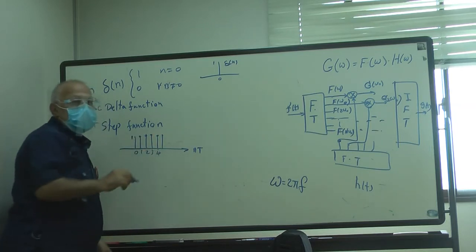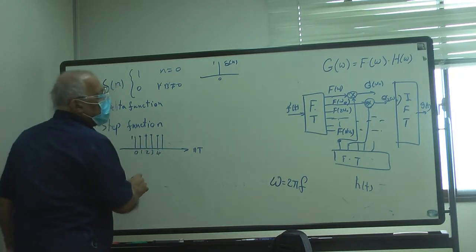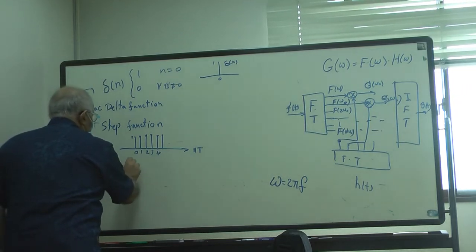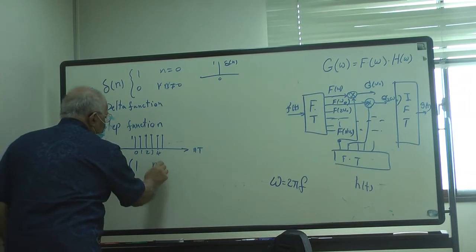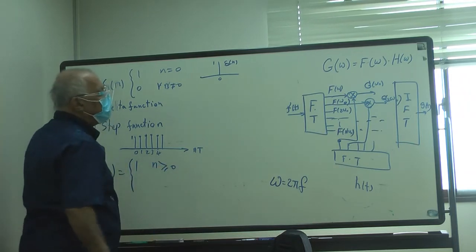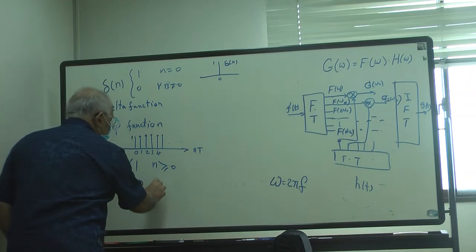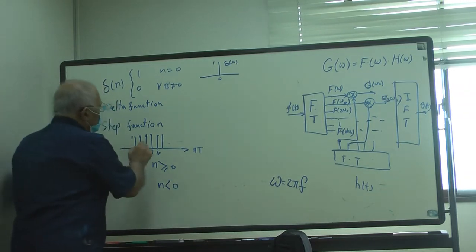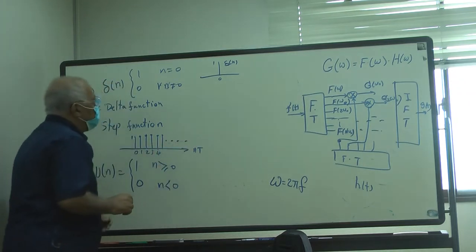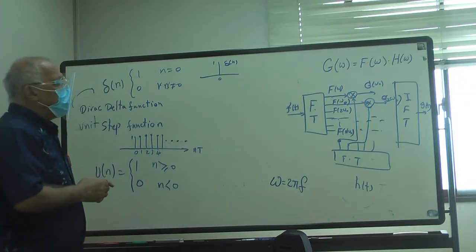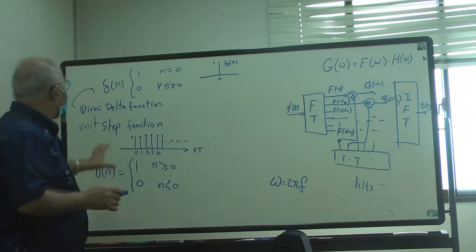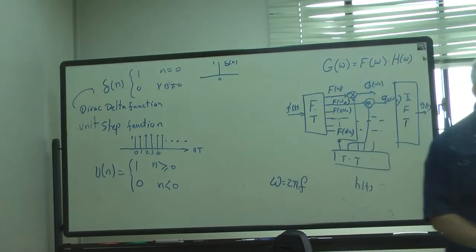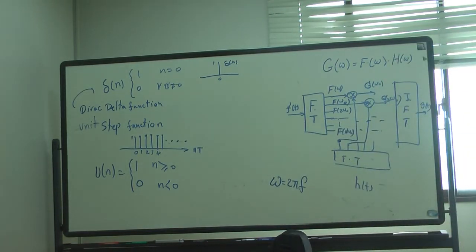It's like a step. You call it the step function, which is 1 for n greater than or equal to 0 and 0 for n negative. Here is 0, and it goes to infinity. There is a very interesting mathematical relation between these two. n is an integer, of course. So soon I will finish.